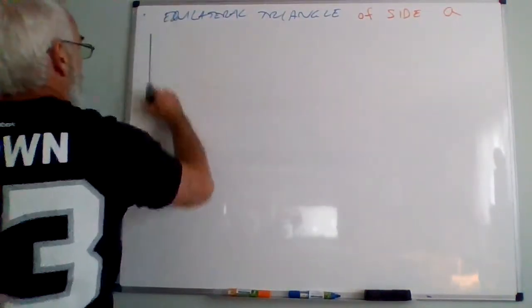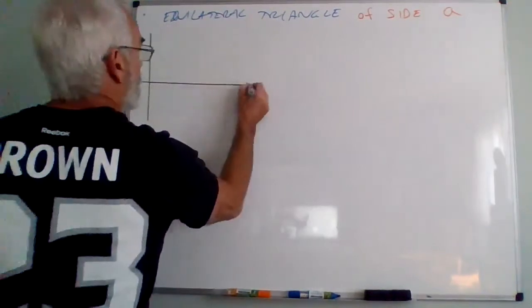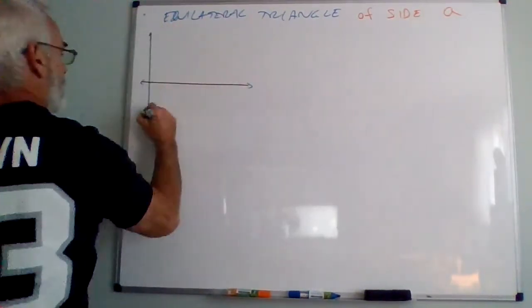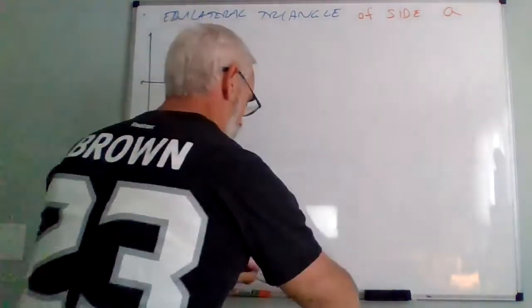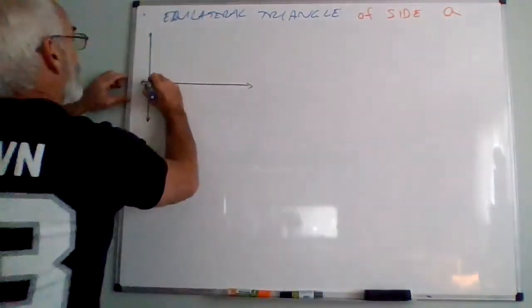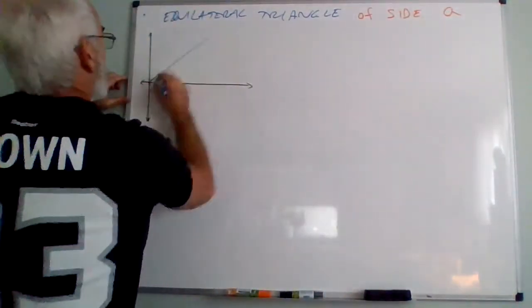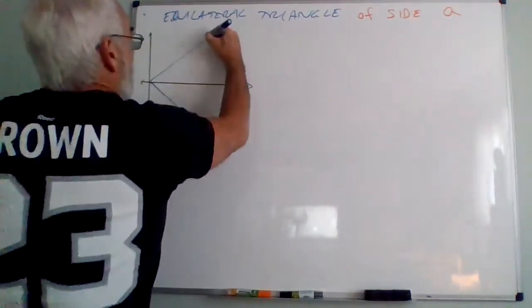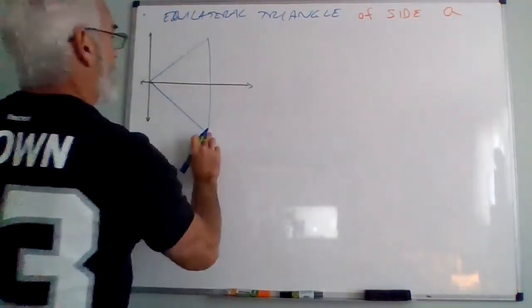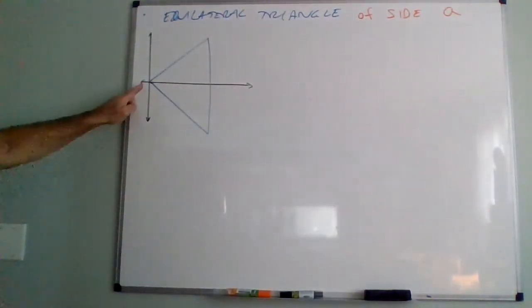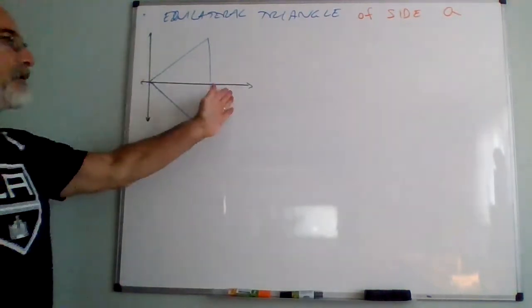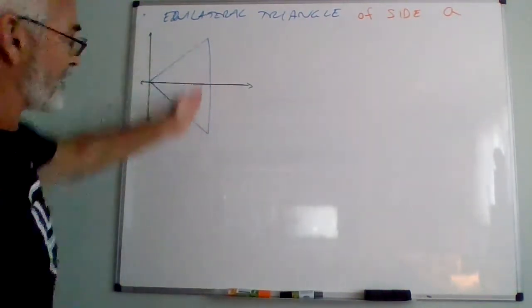So we're going to do it like this. I'm going to put my equilateral triangle like this. Okay? I'm going to put it so that it's perfectly centered on the x-axis so that this is vertical right here.